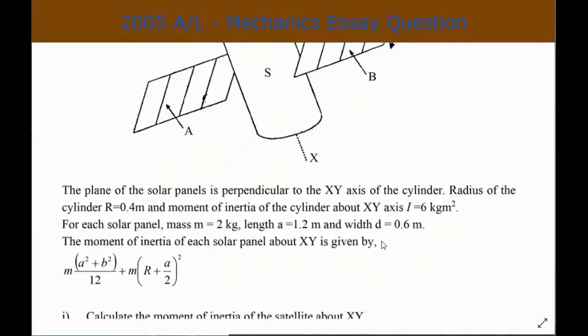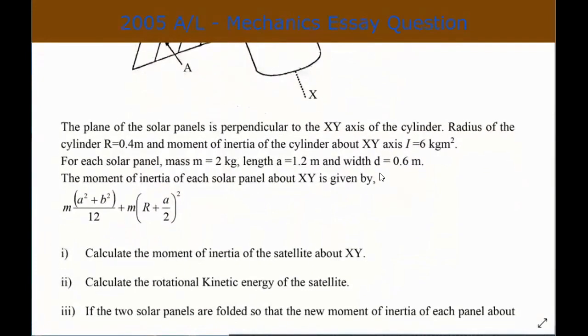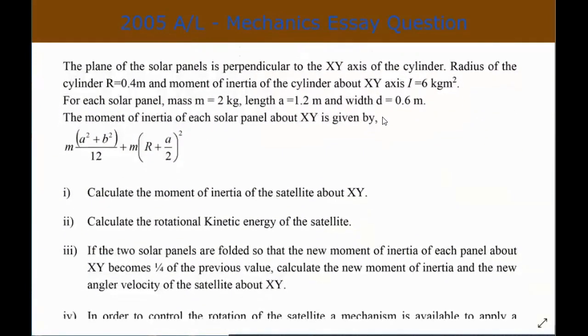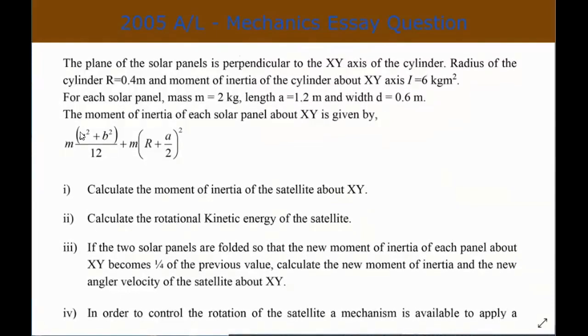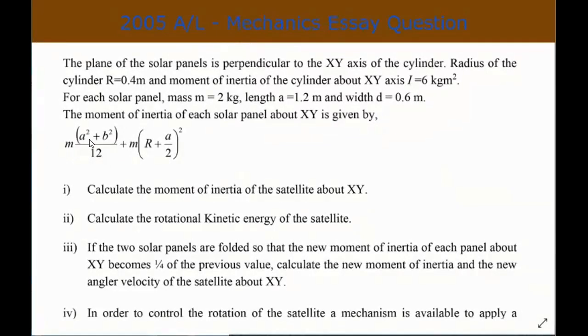The moment of inertia of each solar panel about xy is given by m(a square plus b square)/12 plus m into (r plus a/2) square. So that's what they have given.